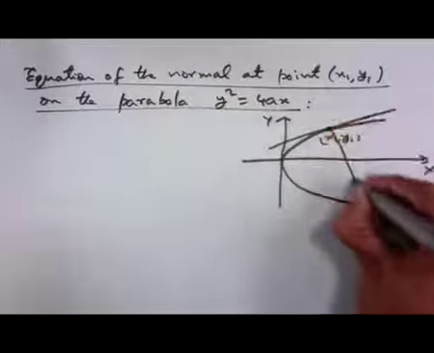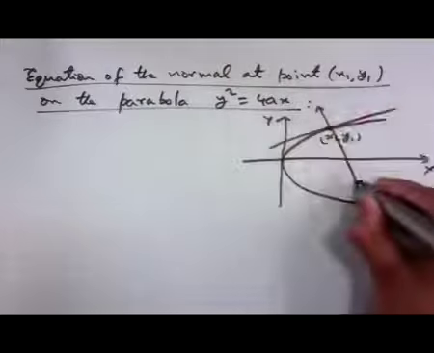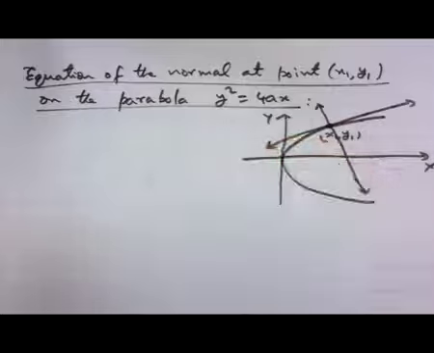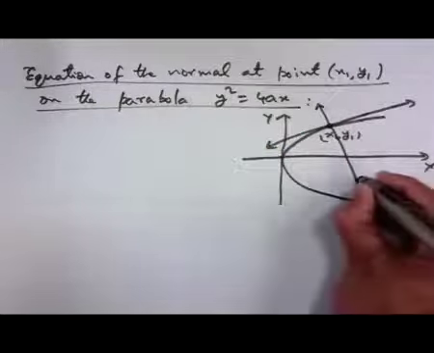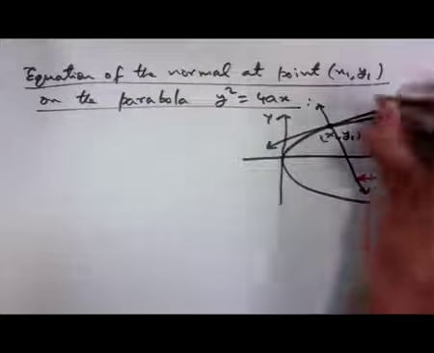So, this line we have, this is the normal line and this is the tangent line.